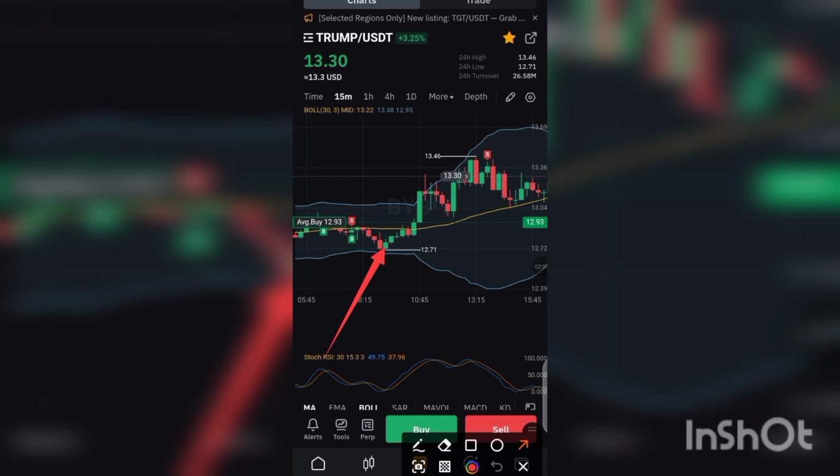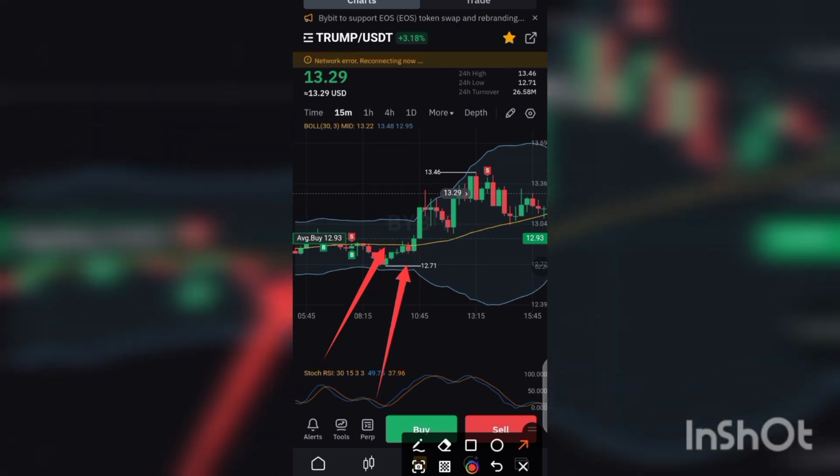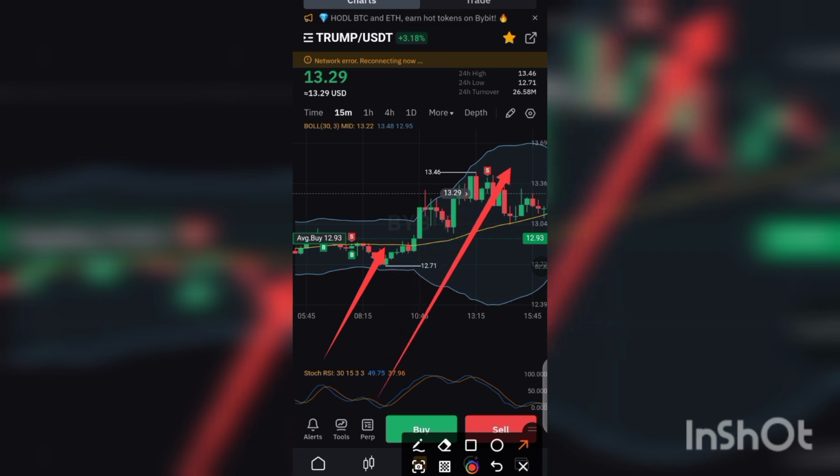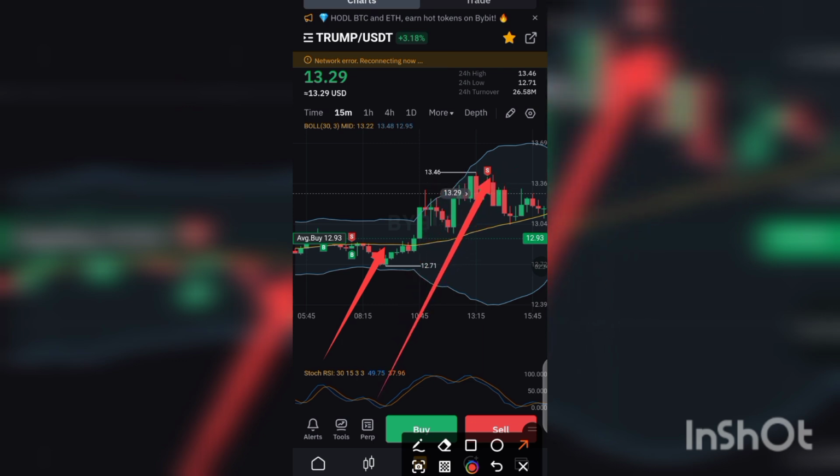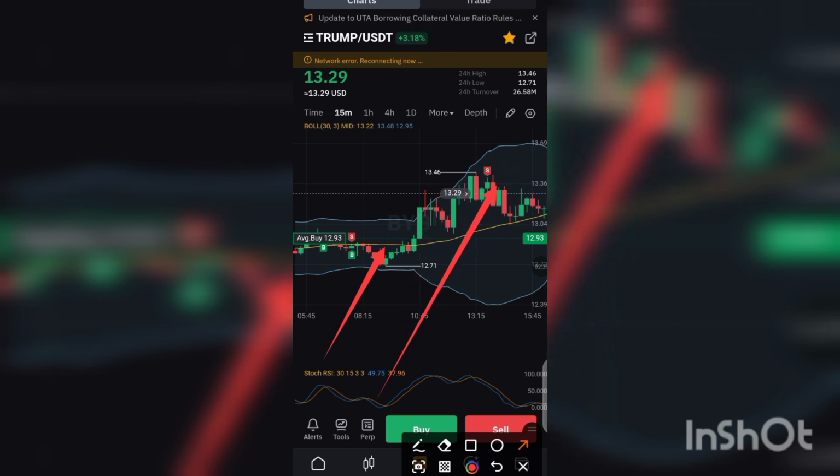After this particular candle that came to the Bollinger Band, the second candle closed green, and then another green candlestick entered. So I bought at 12.88 before it went to this place. This was exactly where I sold.